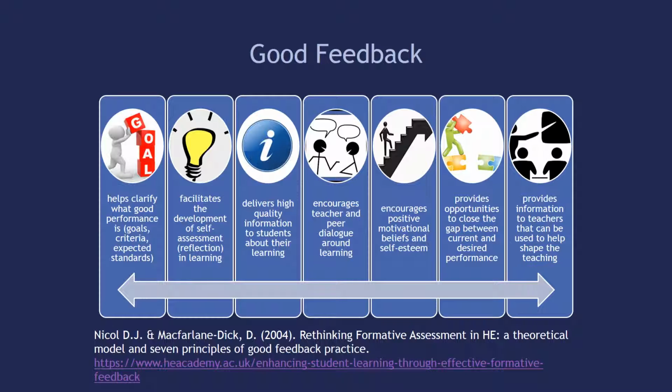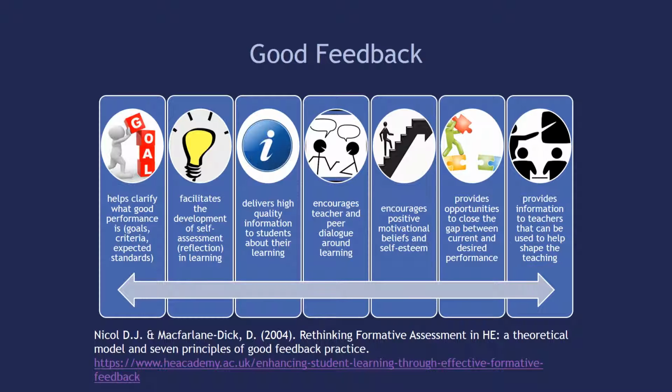So Nicol and Macfarlane-Dick have come up with 7 principles of good feedback practice, which I think pretty much sum up what good feedback looks like. So firstly, good feedback helps clarify what good performance is. So it might be goals, criteria, or expected standards. So this goes back to what I was saying about assessment being objective. It's no good just saying, oh, that wasn't very good.